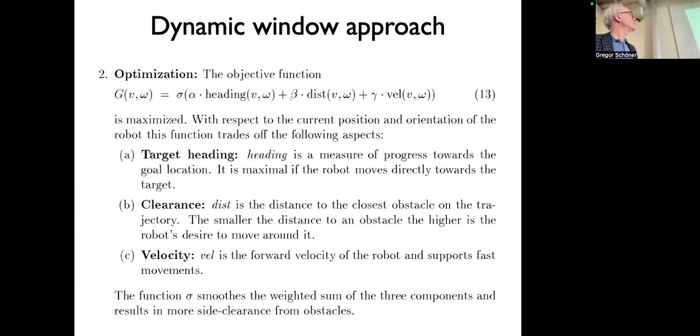So you have different contributions here, some cost function where you have 3 contributions to that cost function, and you're going to maximize the total, or I don't know what they call this. Maybe cost, we usually would think of minima, and here it's just a gain function, let's say. And so you're looking for the maximum of that to select the correct value. So you're choosing as the next linear and angular velocity those values that give you the maximum.